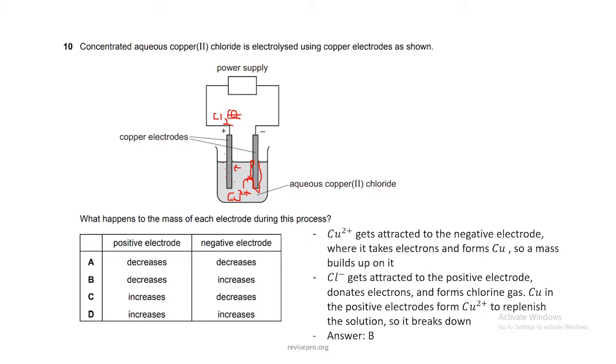And due to this, the copper inside the positive electrode will form Cu2+. The reason it forms Cu2+ is to replenish the Cu2+ that's being converted to copper here, so the concentration of the solution stays the same. So the copper in the positive electrode will break down. So your answer is going to be B.